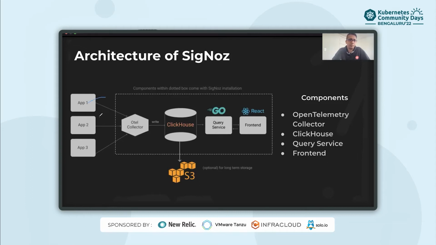You add OpenTelemetry libraries, and the data goes to the OpenTelemetry Collector, which receives it. Then you write to the ClickHouse store, which is our main data store. The dashboards you see call the Go backend, a query service which talks to ClickHouse underneath, right? So that's the architecture.